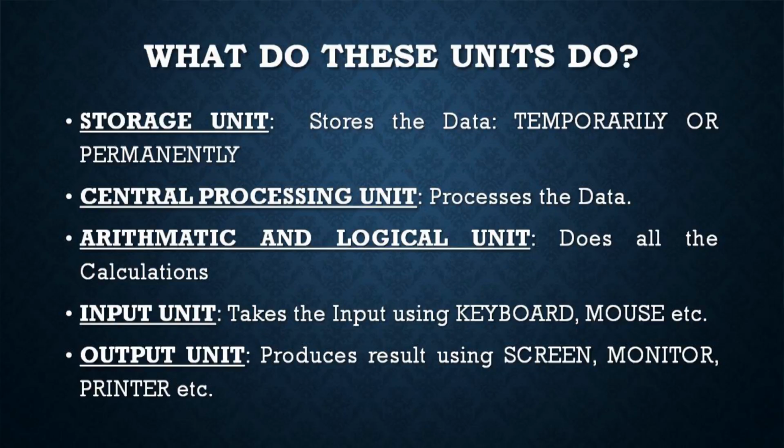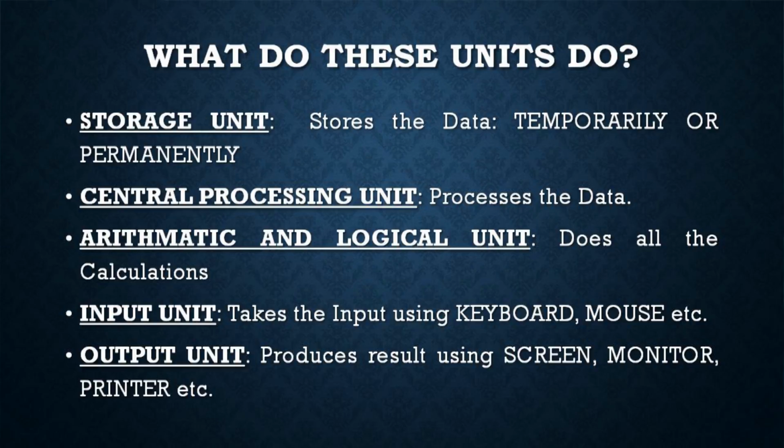The storage unit helps to store the data, which can be temporary or permanent depending upon the need. If certain calculations are still left and the result has not reached a final stage, then temporary storage is required, which goes into the primary unit. If the results are there and need to be stored permanently, they go into the secondary unit.